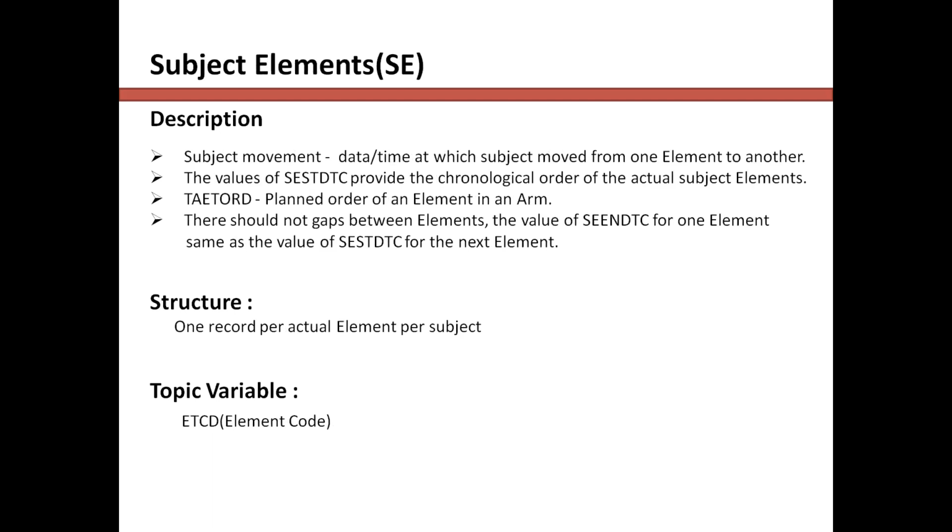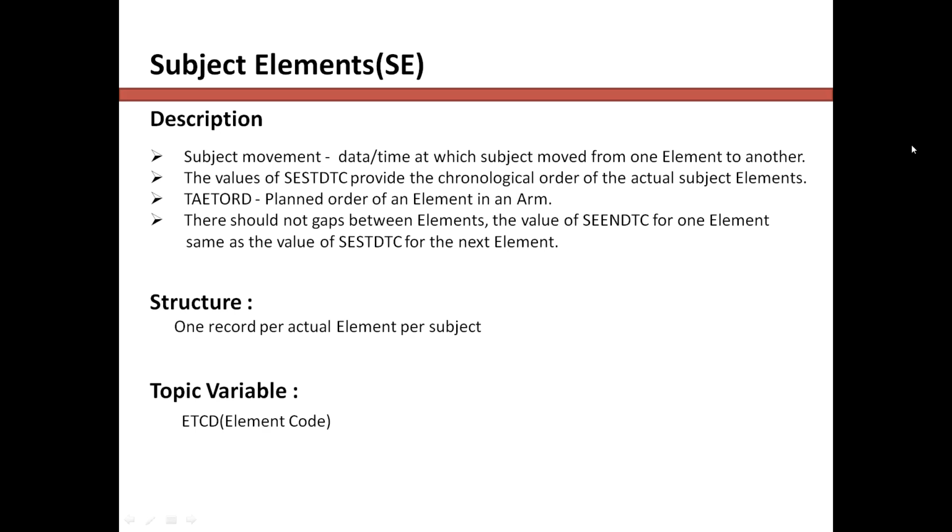Another domain is the subject elements domain. This contains information on the movement of the subjects from one element to another element, and the value of the subject element start date provides the chronological order of the actual subject elements. The variable planned order of element is present in the subject elements.